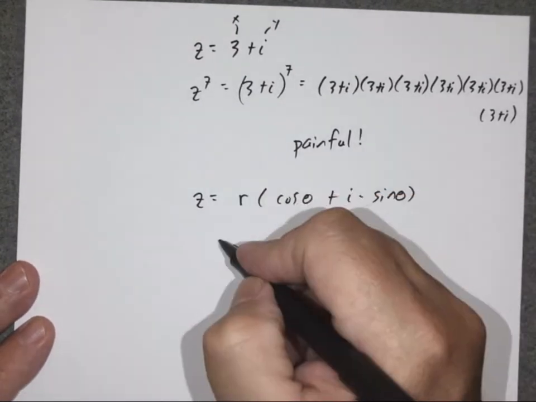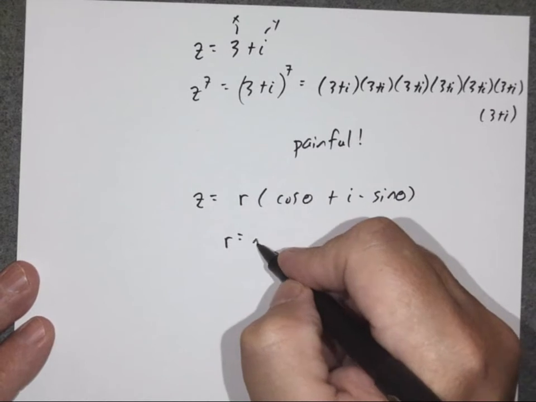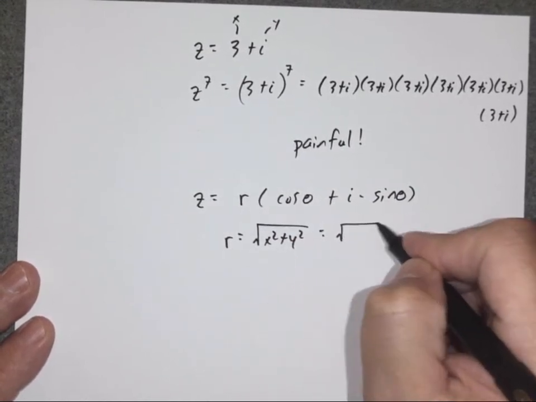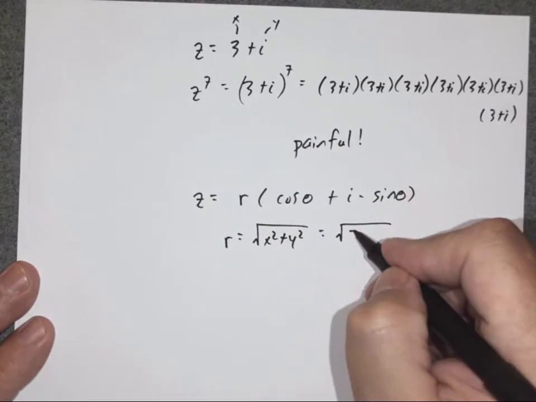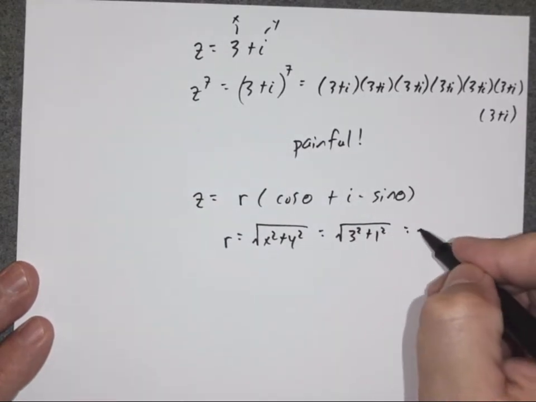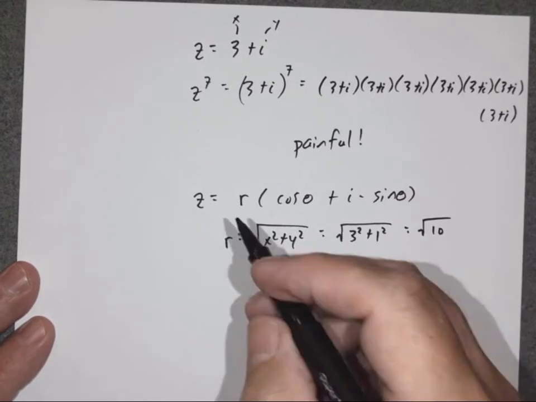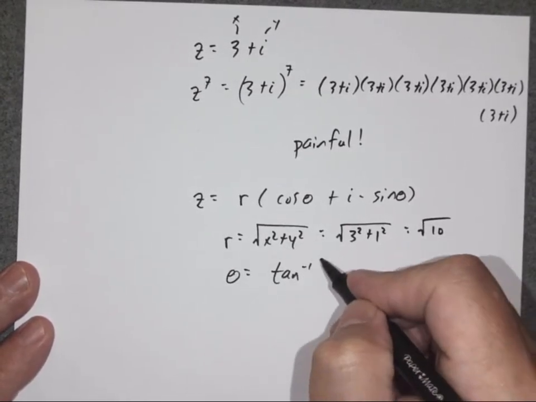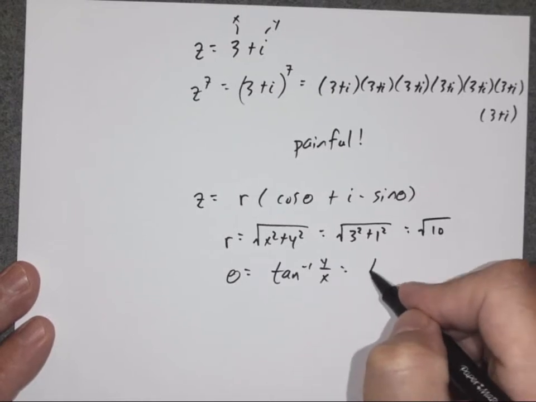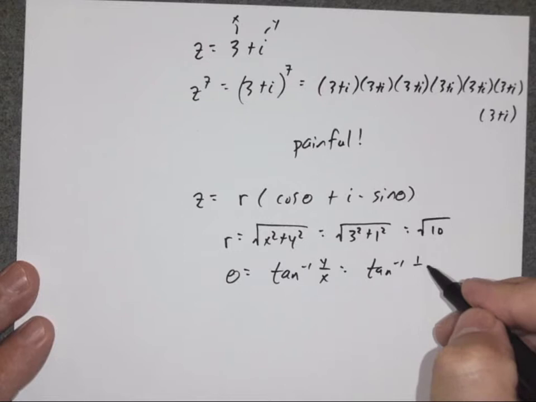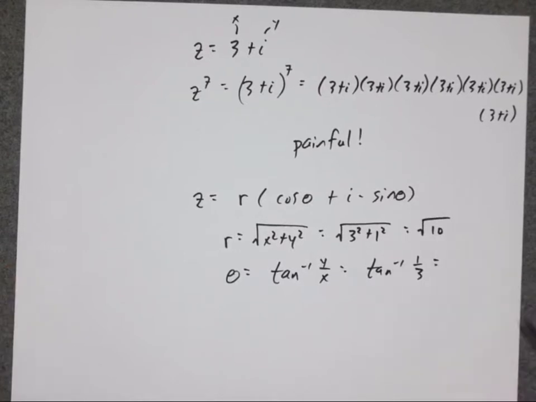We need to find r and theta. Remember, r is the square root of x squared plus y squared. For us, the x is 3, squared, and the y is 1. And theta is the inverse tangent of y over x, the inverse tangent of 1 over 3.